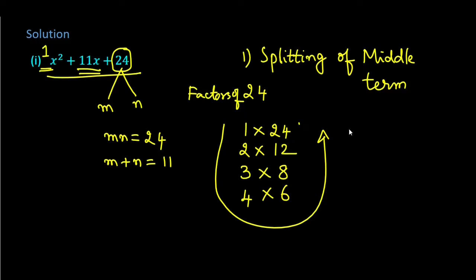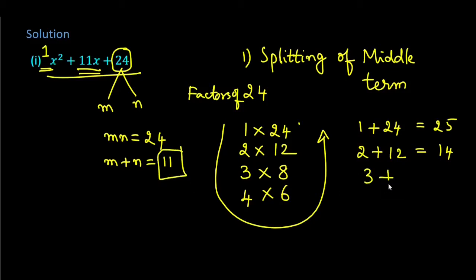Now we have to see the sum of these factors. 1 plus 24 is 25. 2 plus 12 is 14. We want sum as 11. 3 plus 8 is equal to 11.